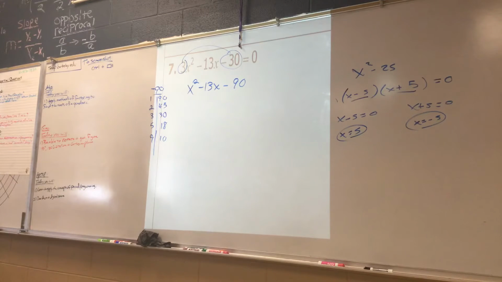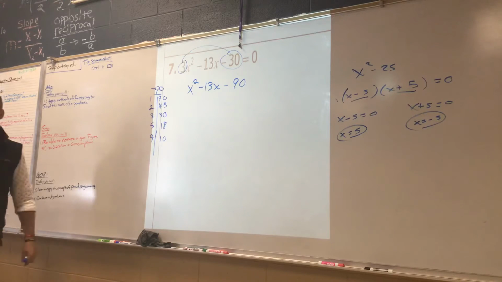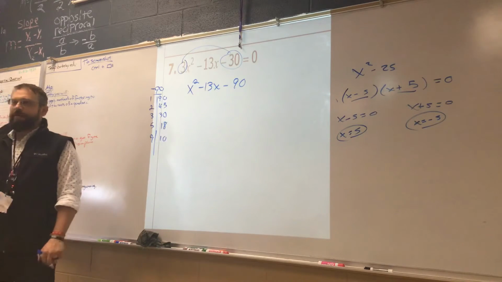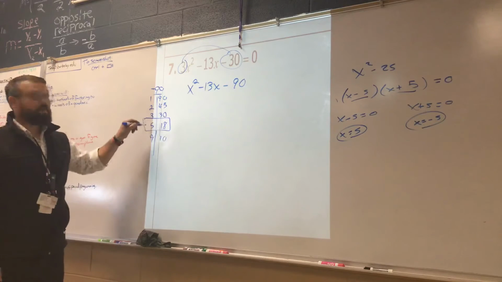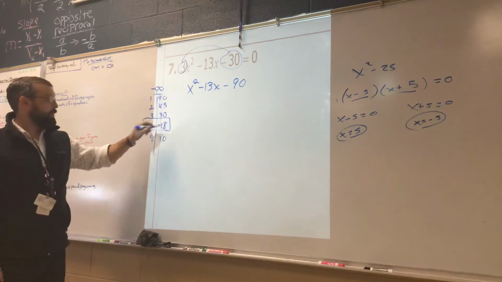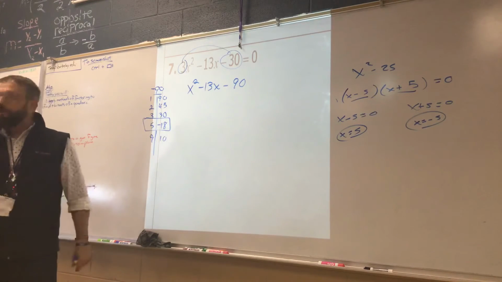So which ones are going to work? 5 and 18? So 5 and negative 18. Right, because they got to give you the negative 13. Okay. All right.